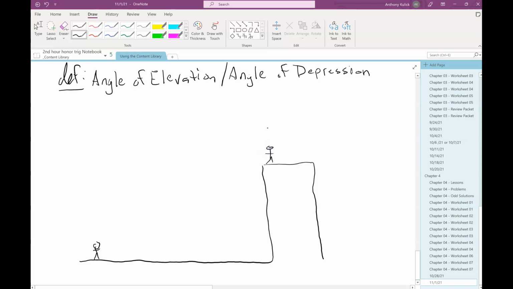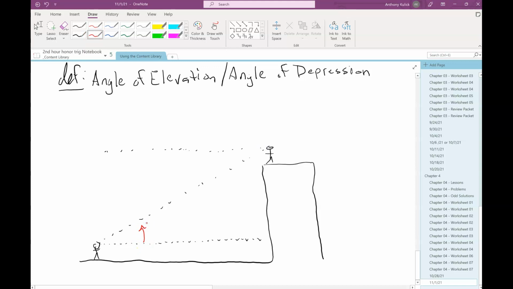So let's say we have two people. One of them is at a lower elevation, the other person is at a higher elevation. Now, each person, when they're just standing normal, are going to be looking kind of straight ahead. That's their normal line of sight. And let's say the person at the bottom looks up at the person above them.